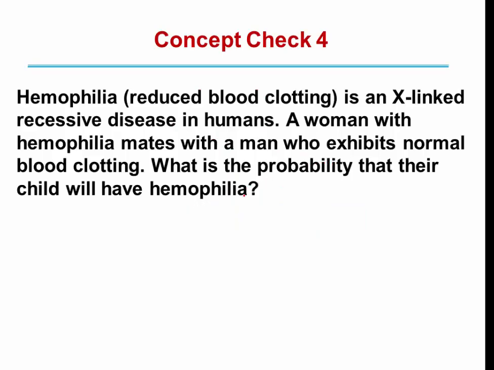Concept check. Hemophilia is an X-linked recessive disease in humans. A woman with hemophilia mates with a normal male. What's the probability that their child will have hemophilia? And the probability is simply 1/2.